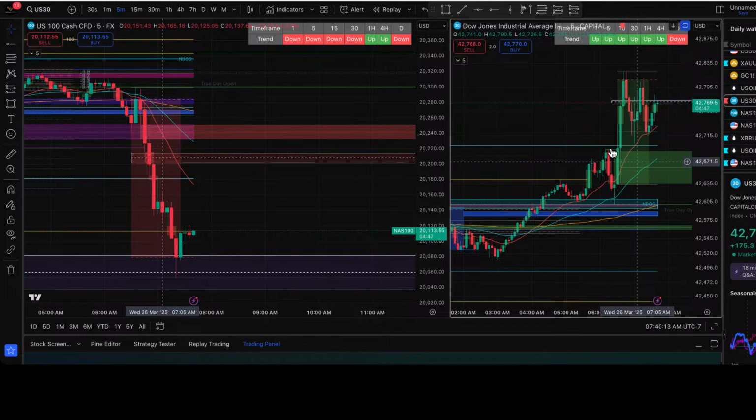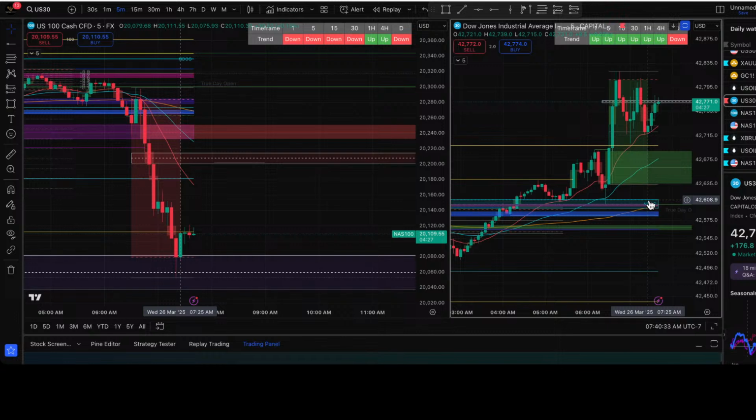We have had no double break. The only way you get a double break is if this high, we had a pullback, but then the high was not taken. At least not yet.